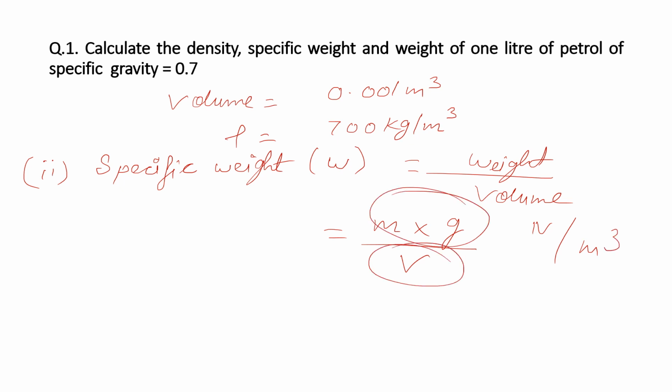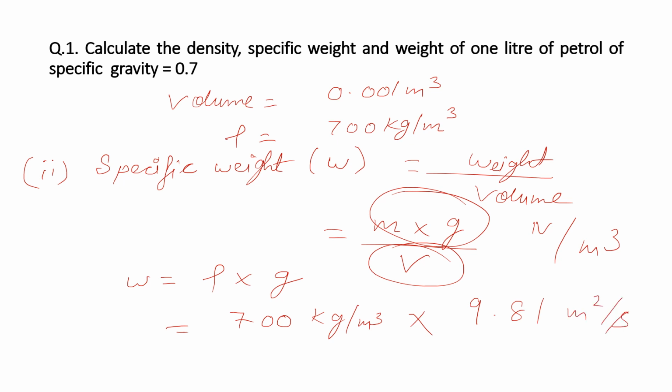So we will rewrite weight as multiplication of density and acceleration due to gravity. Here density is 700 kg per meter cube and acceleration due to gravity is 9.81 meter per second square. So we will get 6867 Newton per meter cube. This is our second part.